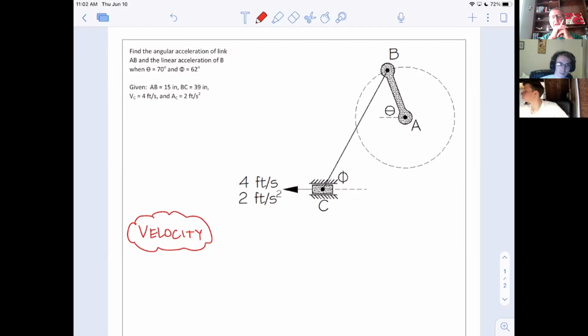If I just turn you loose for that, I'm interested. The first thing I'd like you to do is think through our equation for this, because I don't want to do any of this for you. I want to do it after you do it. So if C is the driver, the question for velocity becomes, what is B doing?